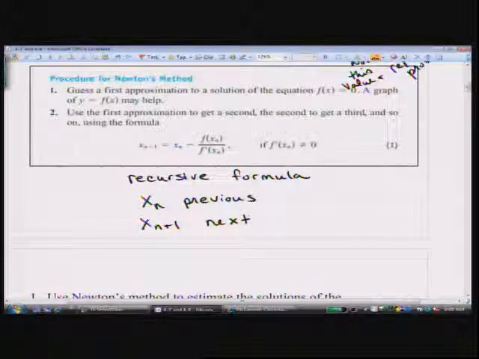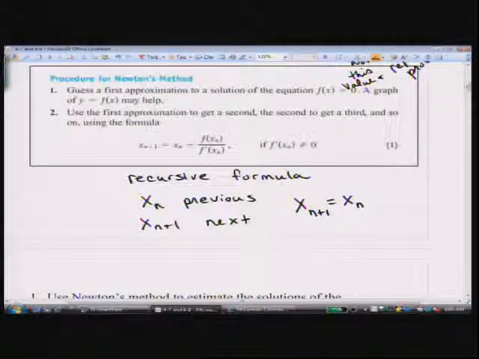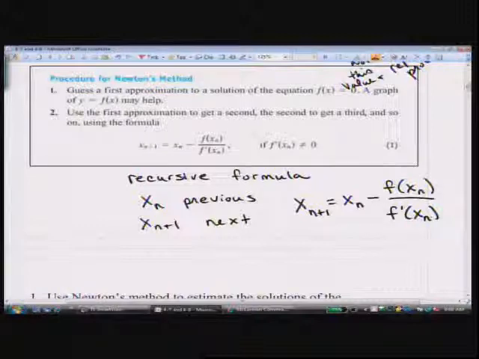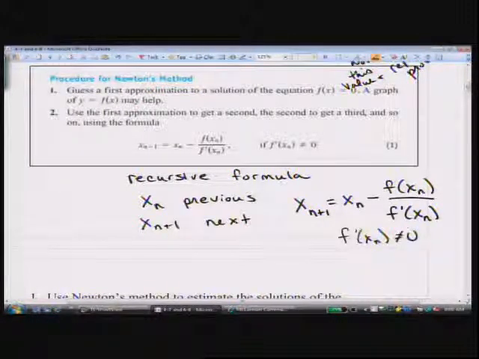And I'll write it again just because it's kind of fuzzy on this paper. X sub n plus 1 is equal to the previous x coordinate minus the function evaluated at that x sub n over the slope at that x sub n. Okay? Of course, the derivative cannot equal 0 because that would mess this up.